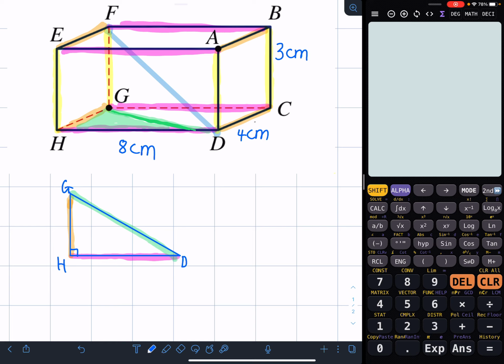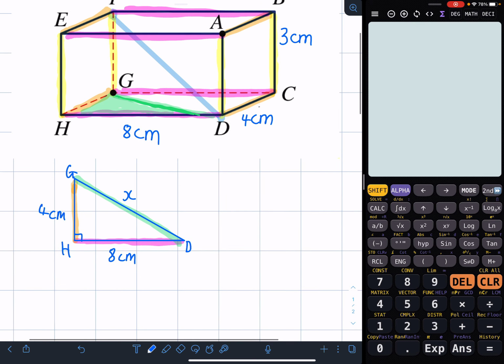Now I've identified the sides, I'm going to put the lengths in. So we've got 8 centimeters for DH, 4 centimeters for GH, and x is the value of the unknown side that we're trying to find.